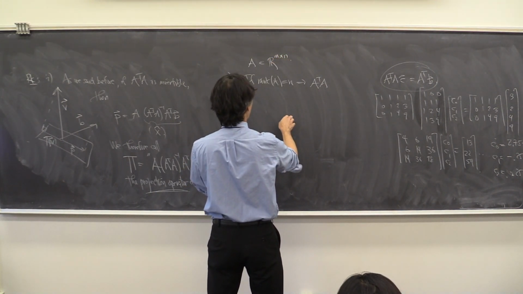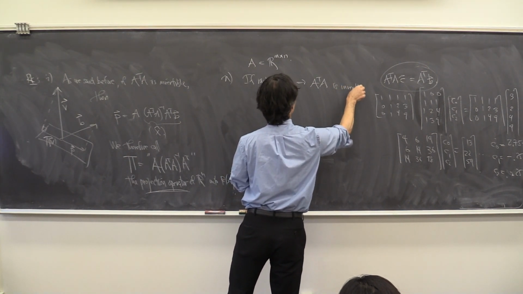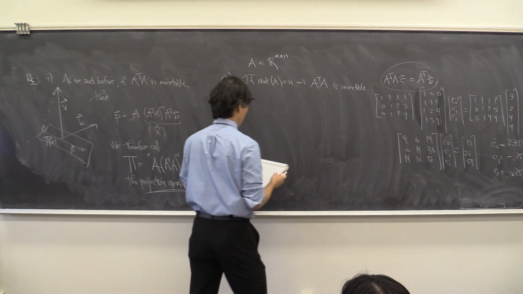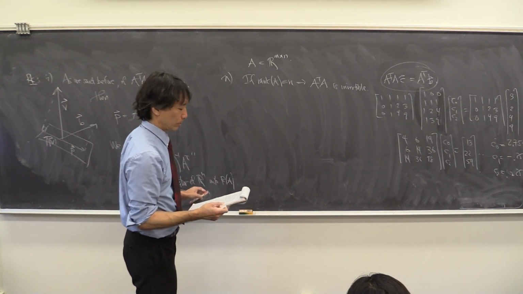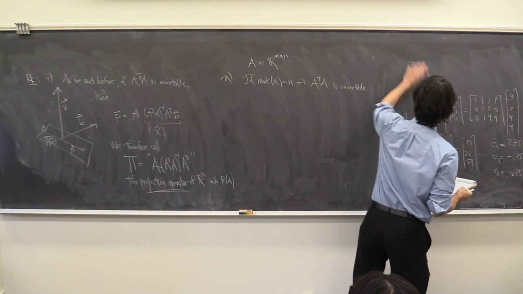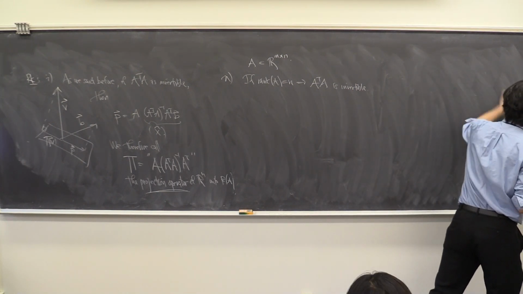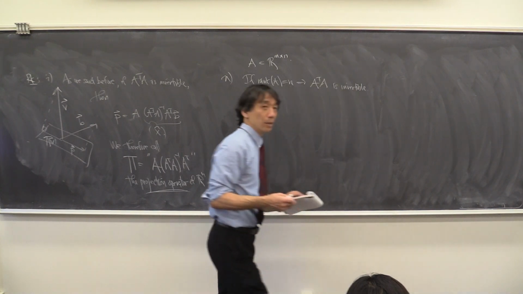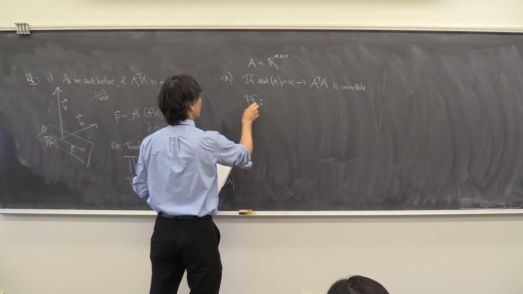If the rank of A is n, then A^T A is invertible. Okay, let's see why that's true.